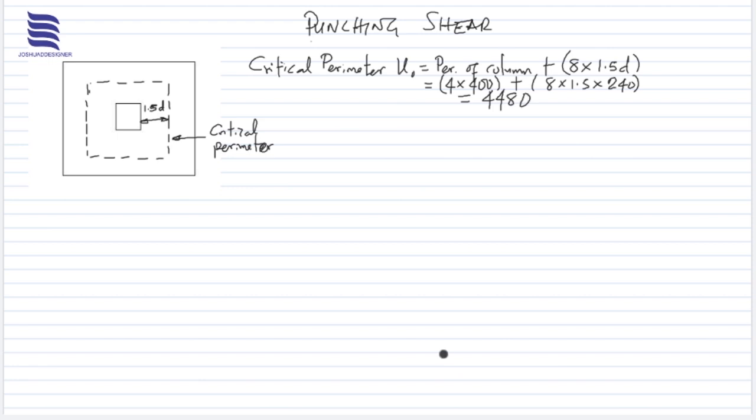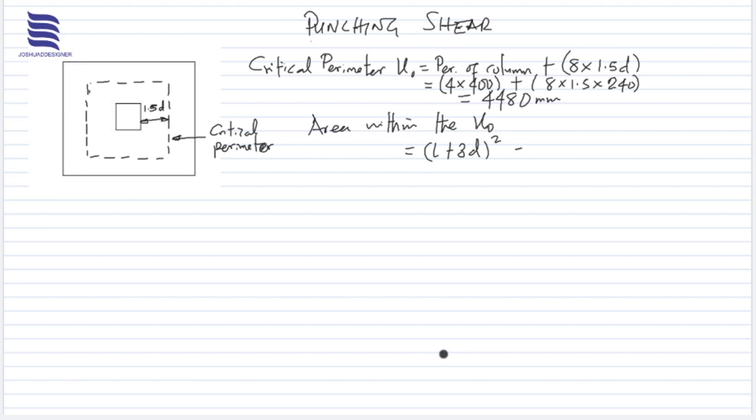You would use this in millimeters to obtain the area within the critical perimeter, which is u0. We use this formula, squared, being a square column.